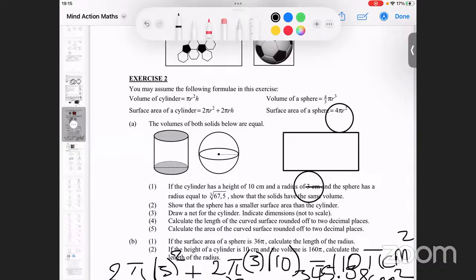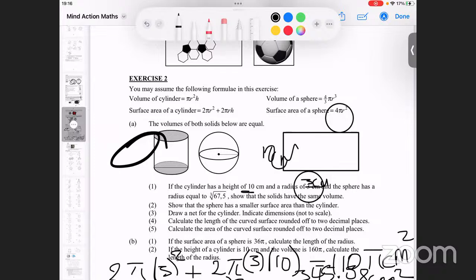What was the radius for the cylinder? It's 3 centimeters. And then the height is 10 centimeters. This is how you're going to draw it if you are required to draw a net. Are you all good?